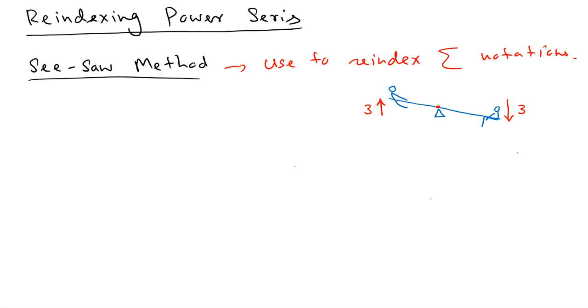For example, let's look at a problem like this. Let's say you have sigma, n going from 3 to infinity, of 2 to the n plus 5, times x minus 1 to the n minus 4. We're going to consider the outer index and the inner index separately.